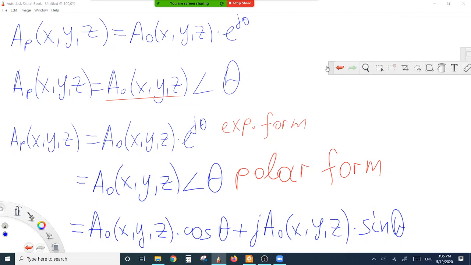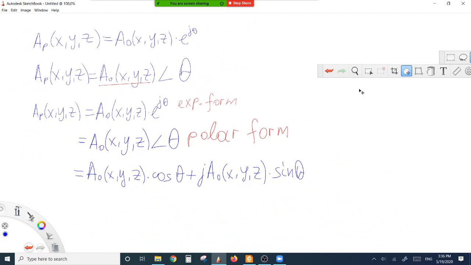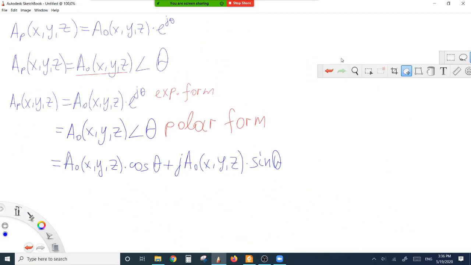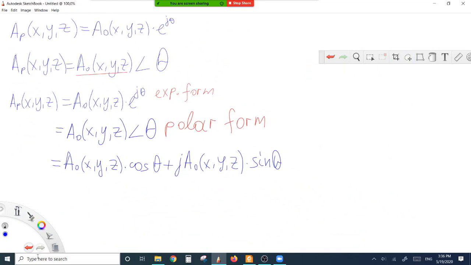And the third form is called rectangular form. Let me write it here.